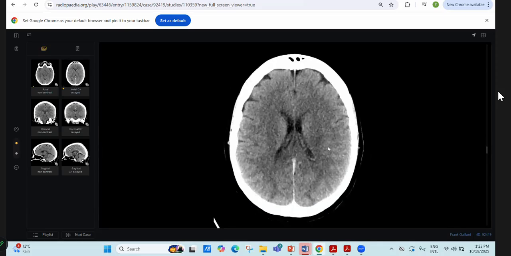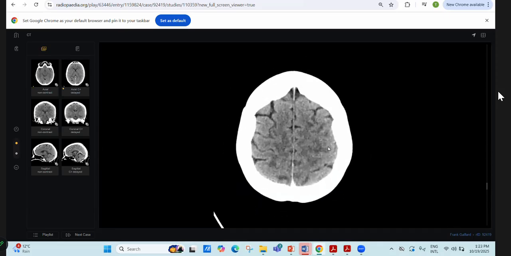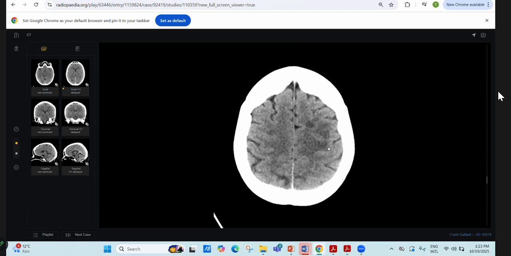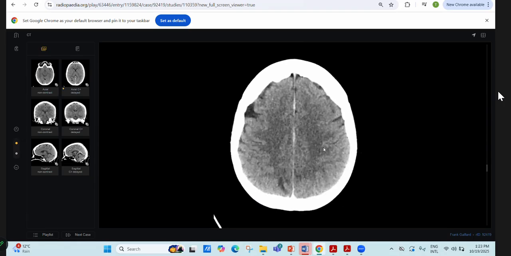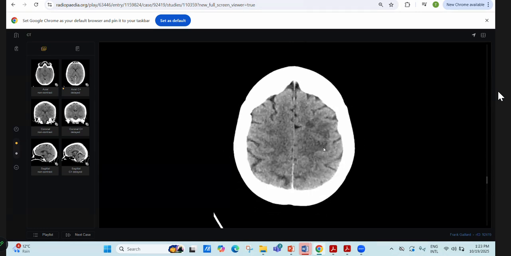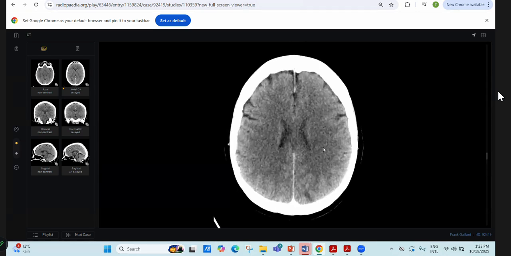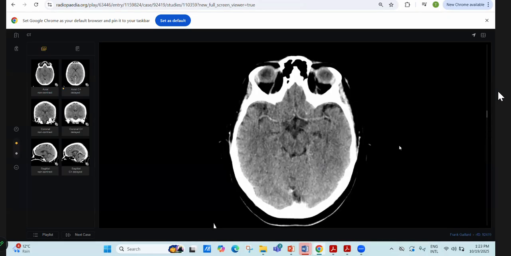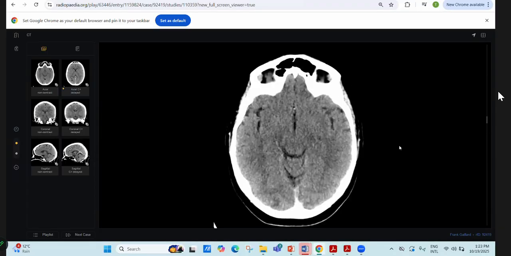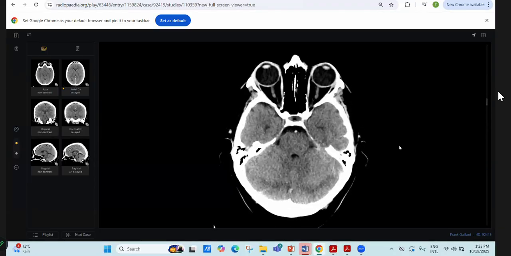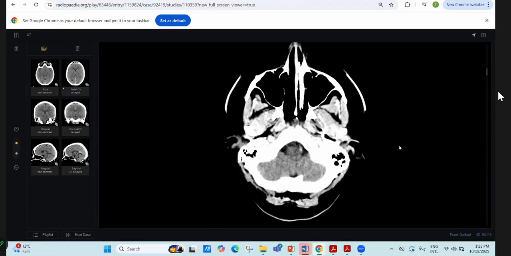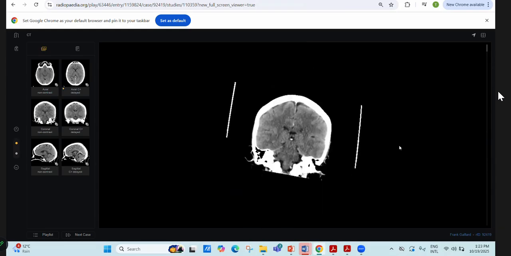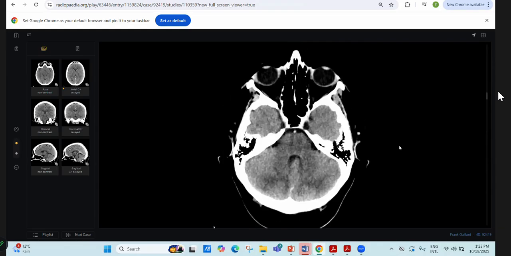Okay, I've taken the contrast. There is some hypodense area in the top parietal region of the left cerebral hemisphere within the white matter. I scroll down, the arteries of the circle of Willis are patent. There is no crowding at the foramen magnum.